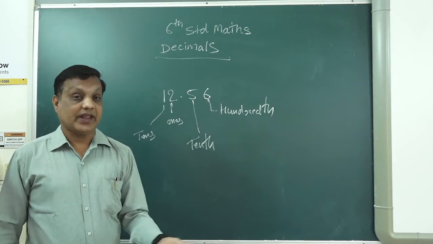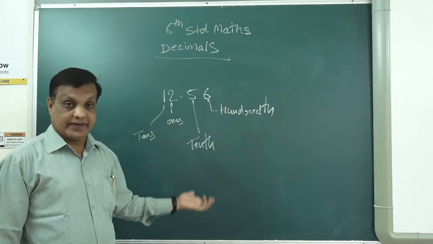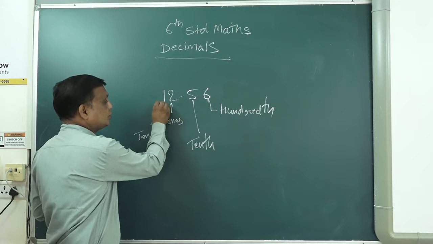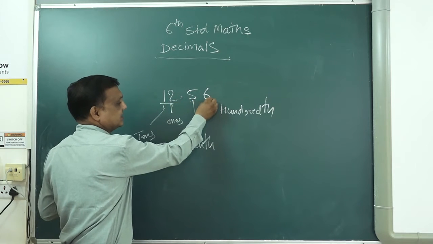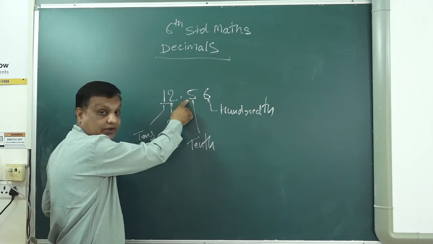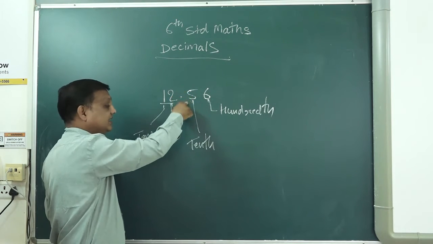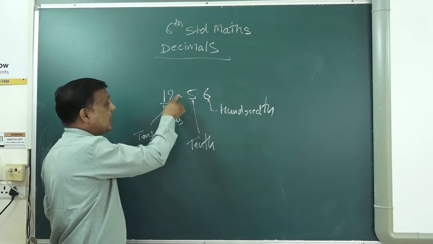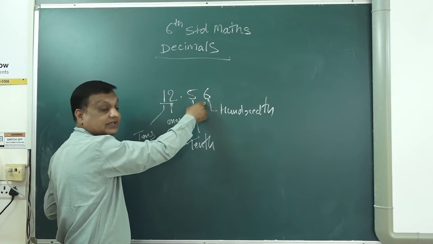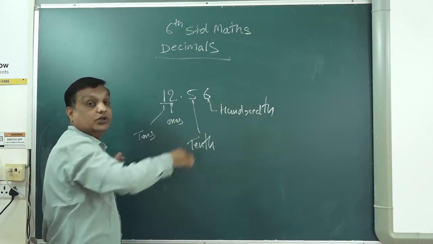Please pay attention. I am focusing more here on how to read the decimal number. In 12.56, you have to read the digits after the point separately. The place of this 5 after the decimal, the first digit, is tenth. The second digit after the decimal is hundredth. If a third digit is there, that should be thousandth.